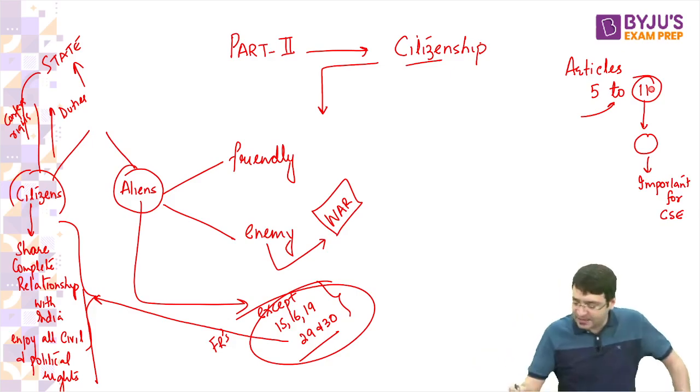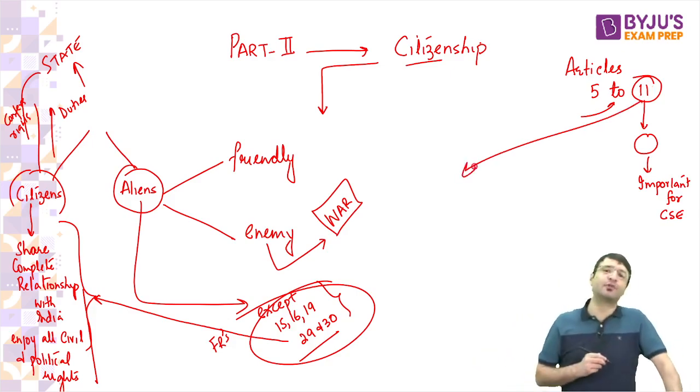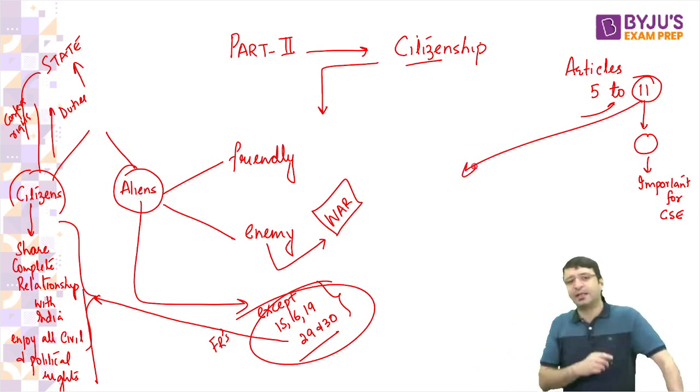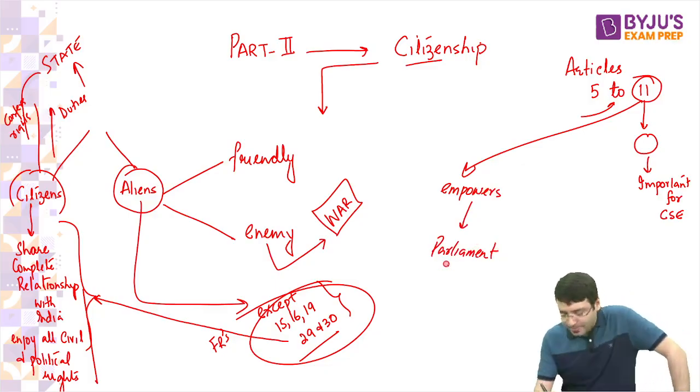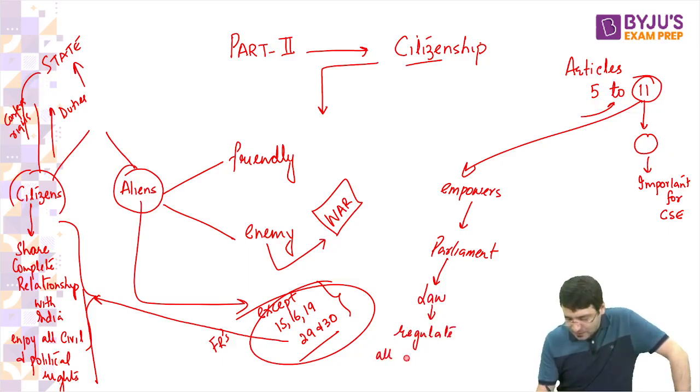That is why I said it is Article 11 which is important for you. Because what Article 11 does, it empowers the Parliament. Parliament, you can pass a law, and through this law, you can regulate all matters related to citizenship.